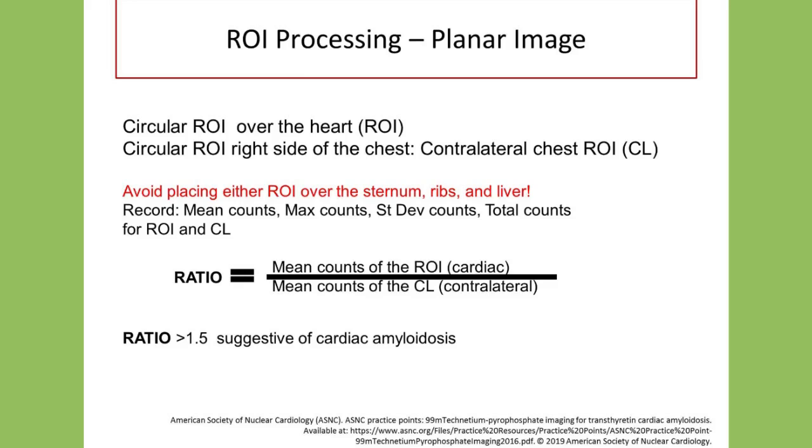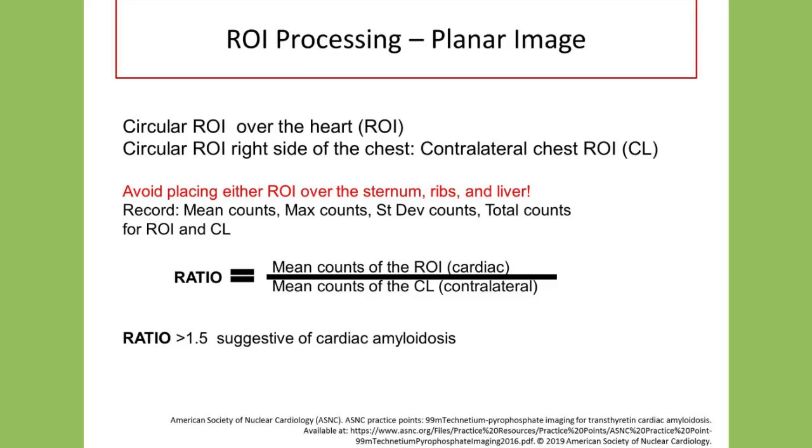I'll show you an example in a minute of how just a little bit of misplacement can change the ratio. This is why it becomes important to not just use the planar ratios or the SPECT to make a determination, but to use all of the information that you have, and more importantly, going forward, why there's a thought process that SPECT imaging is going to become more important.